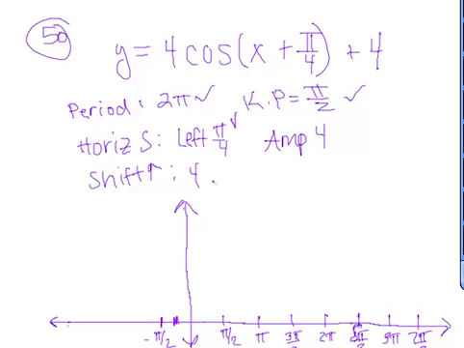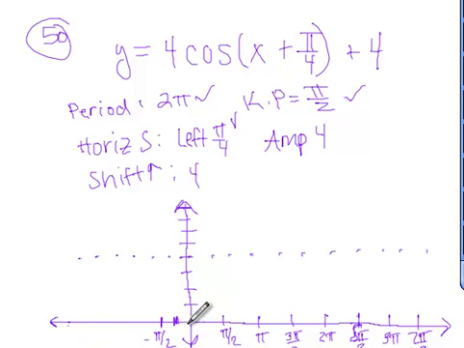So I have that covered. The other thing I need to do is shift up 4. So I'm going to do 1, 2, 3, 4, and redraw in my new center line. That's my new center line. It's no longer here. So I'm going to be working off of this, and my amplitude is 4, so I know I also have to go up 4 from that center line.